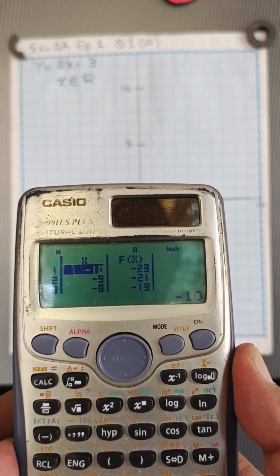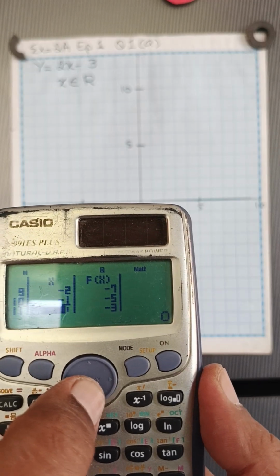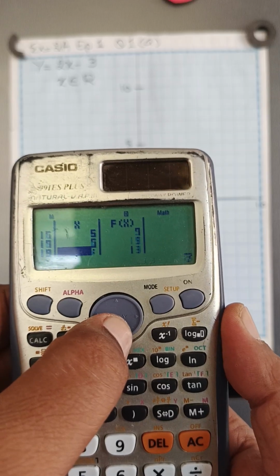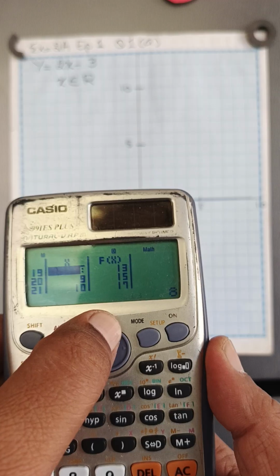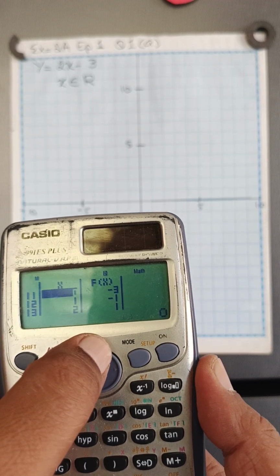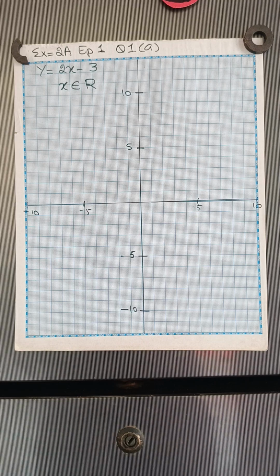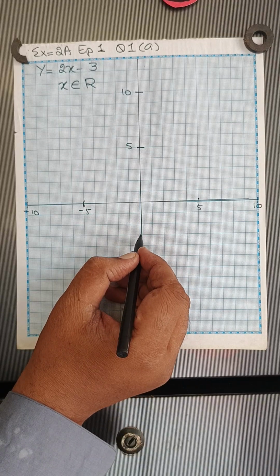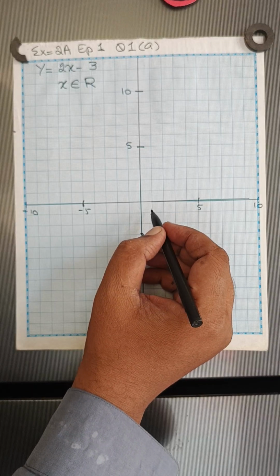So it gives me the table and I will plot these points, and I will be able to see the values of x and y. This is how you are supposed to draw these graphs. Because this is a straight line graph, it's not a big deal. At 0 the value is minus 3, which is here, and at 1 the value is minus 1.